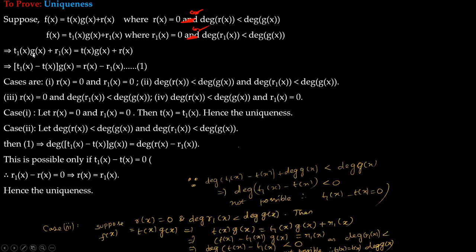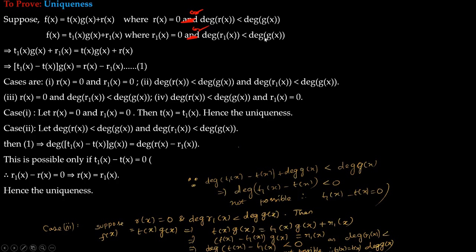Now because LHS is the same, we can equate the RHS. So this is what we get. Taking this to the other side and taking this to the right side, this is what we have. Now we have, see, both the cases we have assumed.